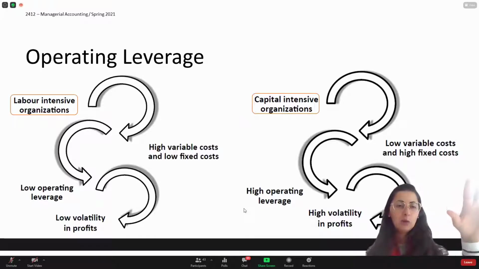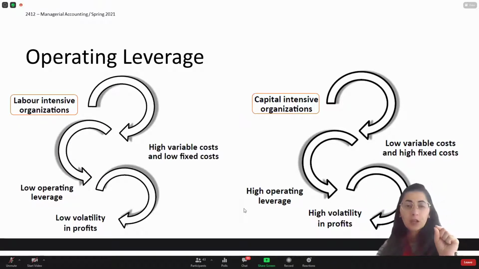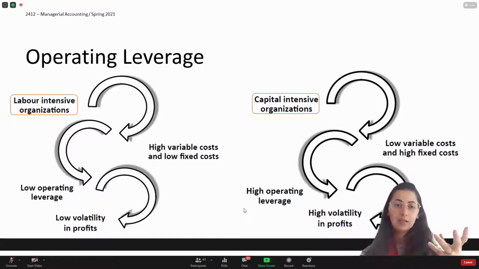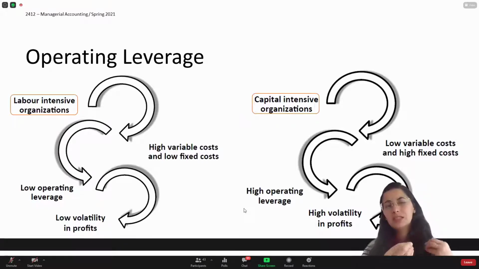If a company has low operating leverage, it means that it will have a low volatility in profits. So if there is a crisis, the volatility in profits will be small. So it means that the business is less risky.